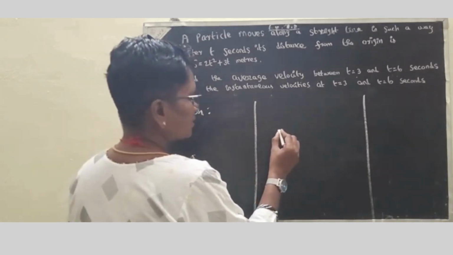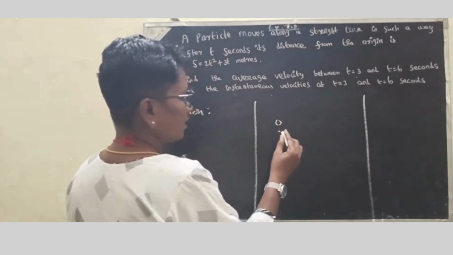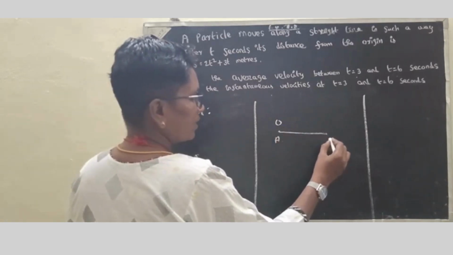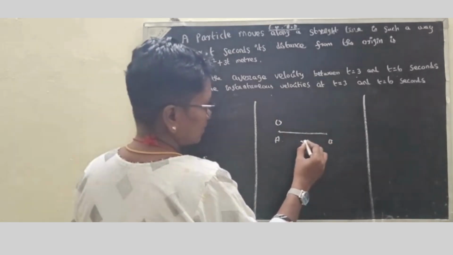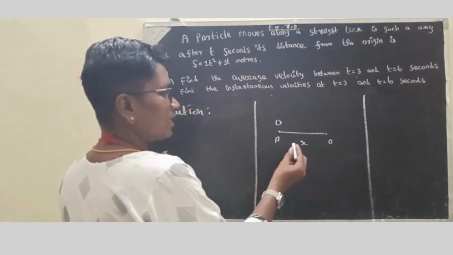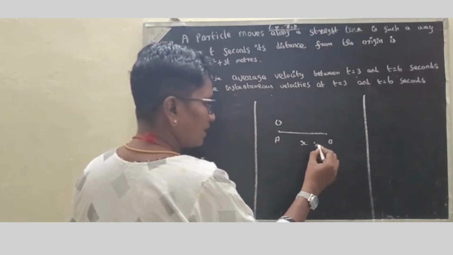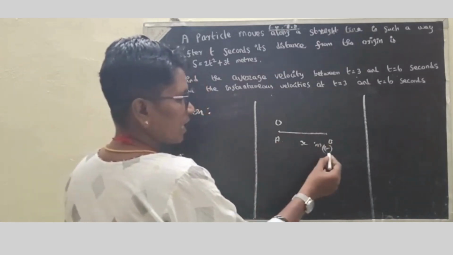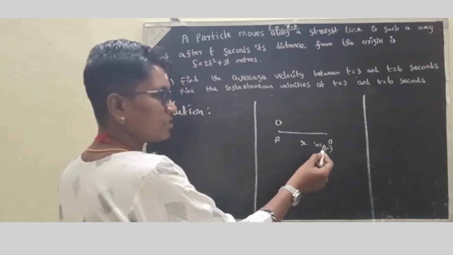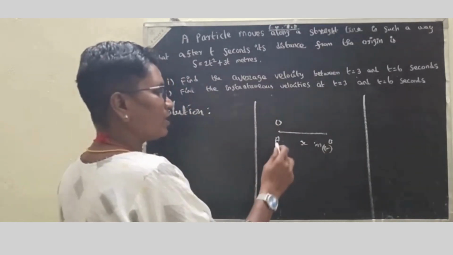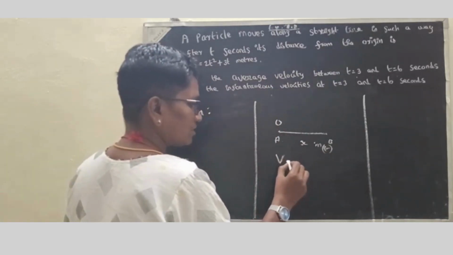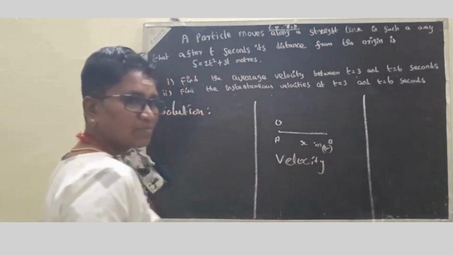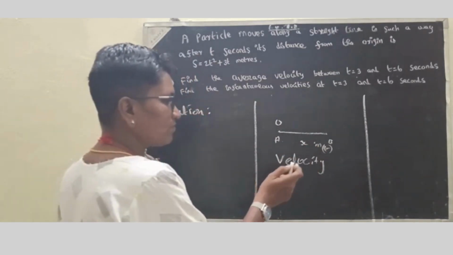If a particle moves from a point A to B by a particular distance x meters, then with respect to time t, the rate of change of displacement of a particle is known as velocity. Clear? The rate of change of displacement of a particle is known as velocity.